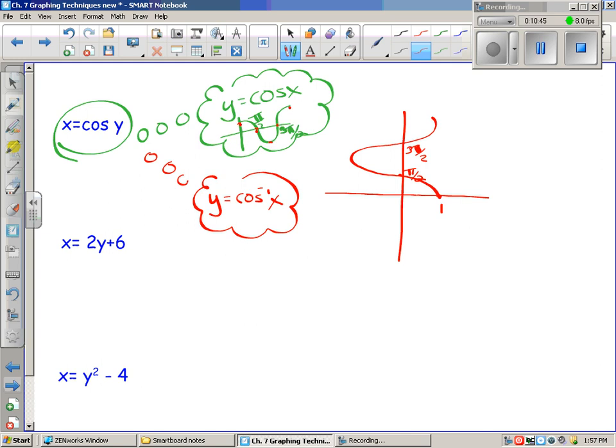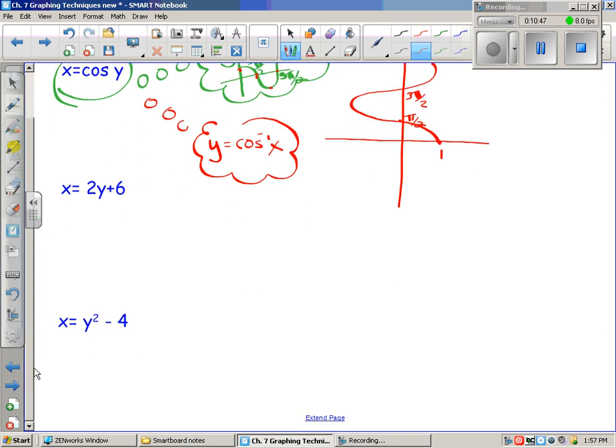Good? Let's do another one. X equals 2y plus 6. First of all, what shape is this graph? Excellent. It's a line. We have to do the x-intercept and the y-intercept. Do we need to look at what the original graph is? In other words, y equals 2x plus 6? No. We can go right after this and say, all right, what's the x-intercept? That's when y equals 0, and it is 6. Excellent.